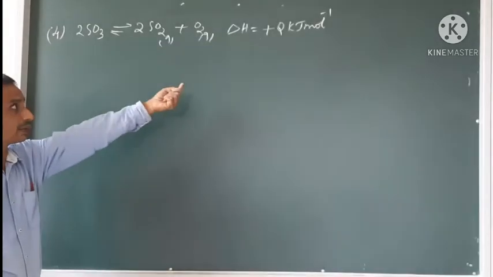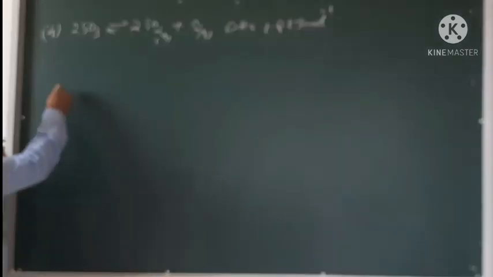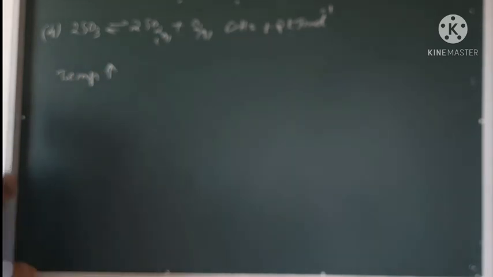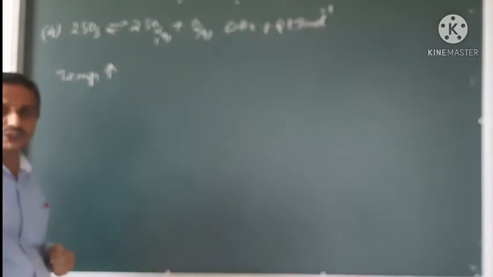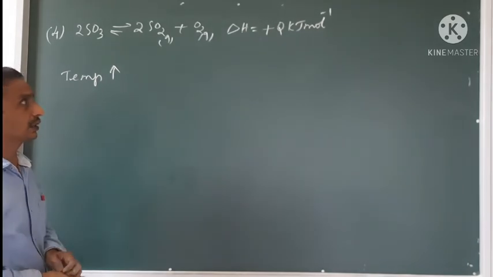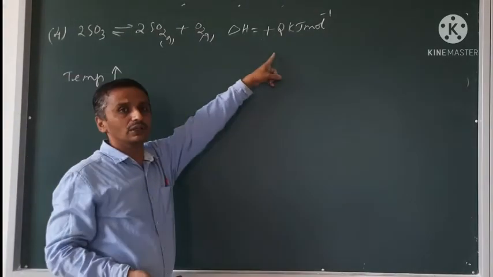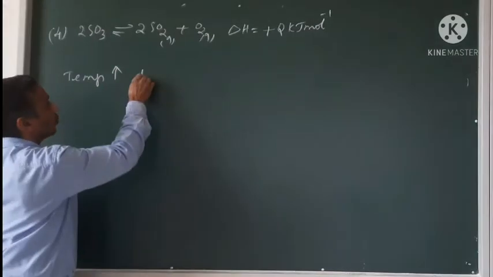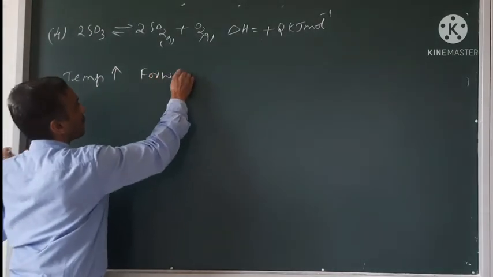Forward was exothermic, now it is endothermic. Temperature increased. The reaction favors the forward reaction to decrease the temperature, because forward is endothermic, heat is absorbed. So forward is favored.